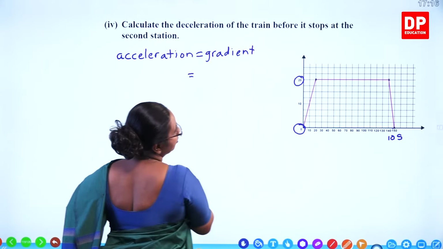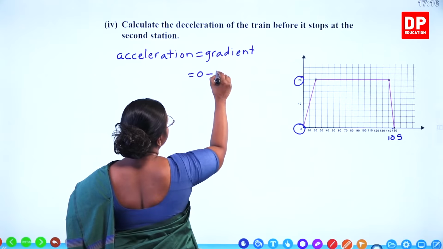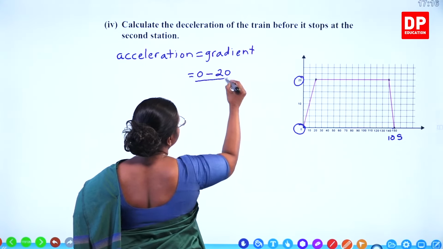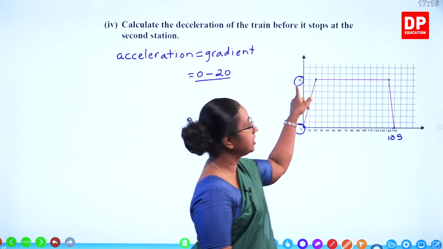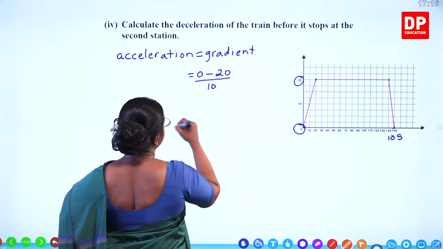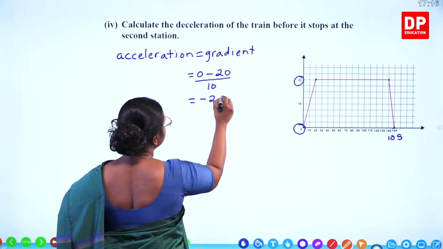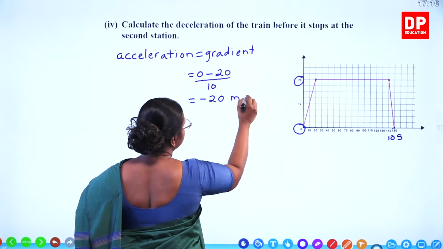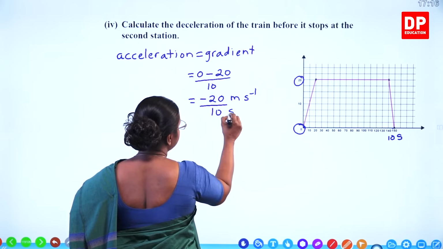that will be equal to 0 minus 20. Final y minus initial y. Final is 0, initial is 20, and time 10 seconds. So, you are going to get a negative value, negative 20 meters per second divided by 10 seconds.